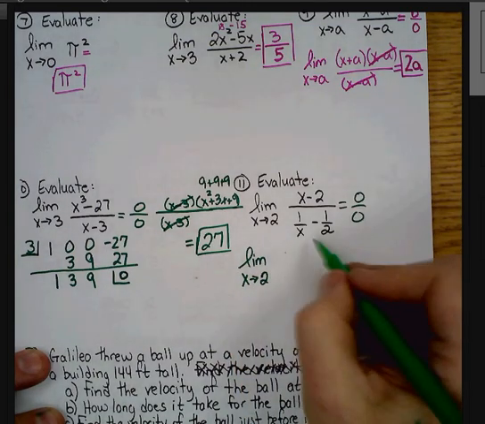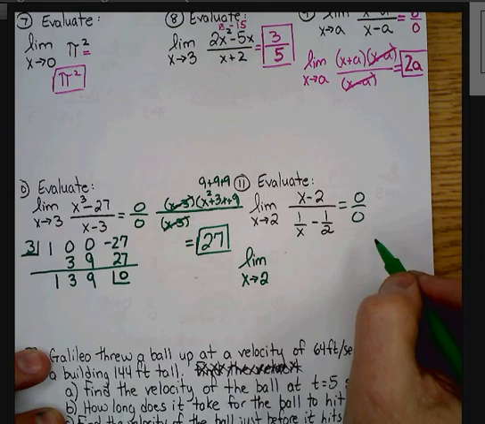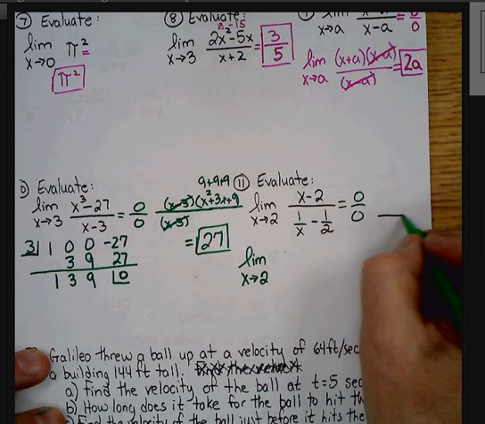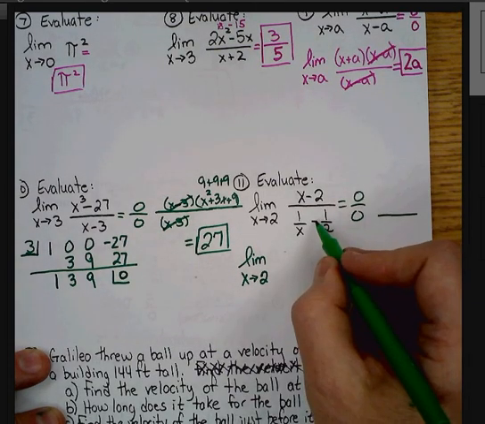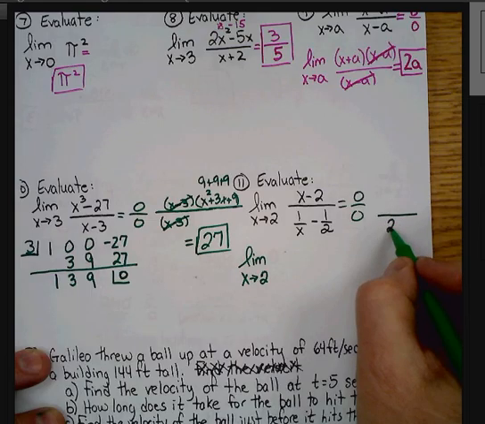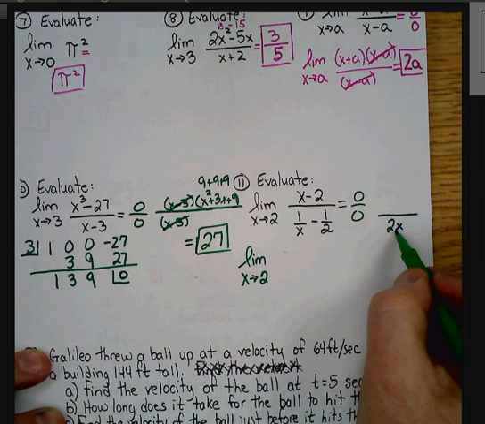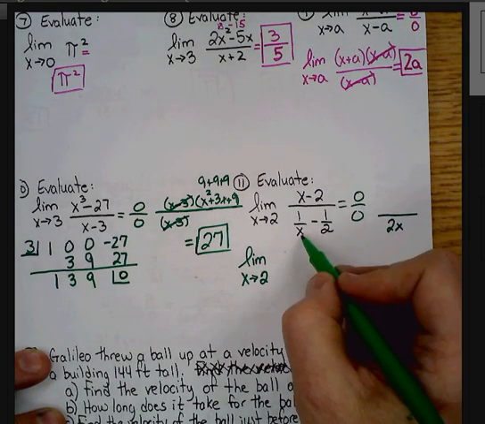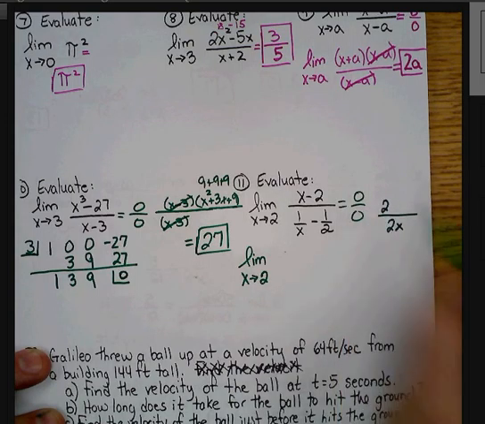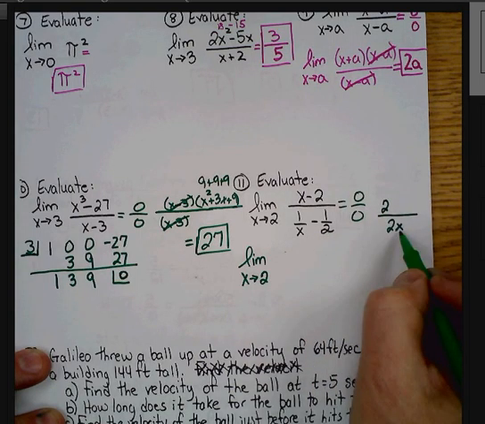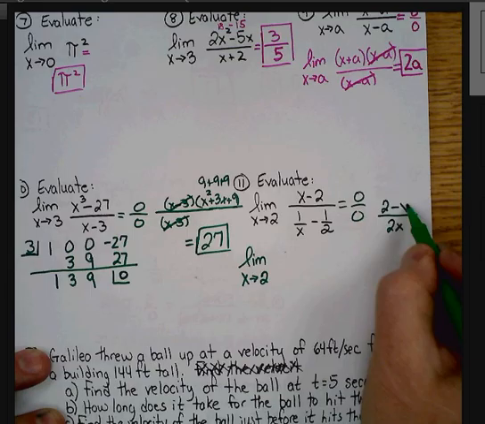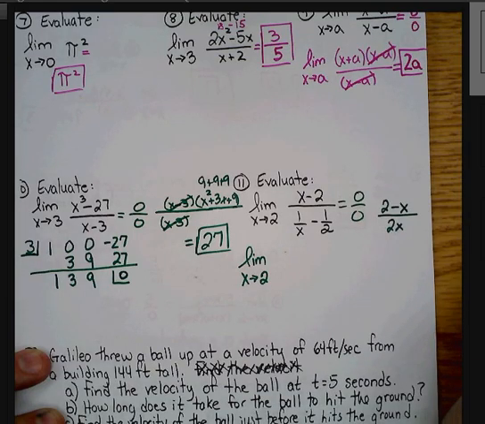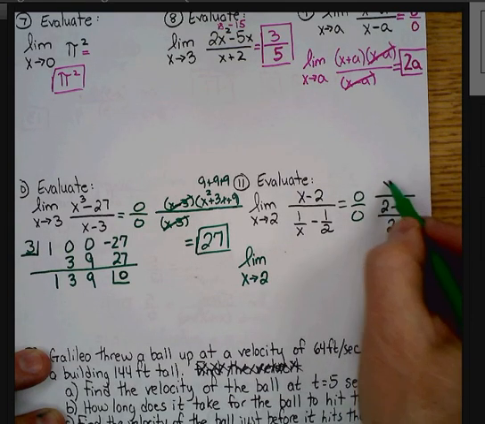Now what I'm going to do is combine terms in the bottom. It's subtracting, and when I'm subtracting fractions, I need to come up with a common denominator. I multiplied the x by 2, so I'm going to multiply its numerator by 2. I multiplied the 2 by x to get it to become that, so I'm going to multiply its top by x. All right? And then it becomes this.